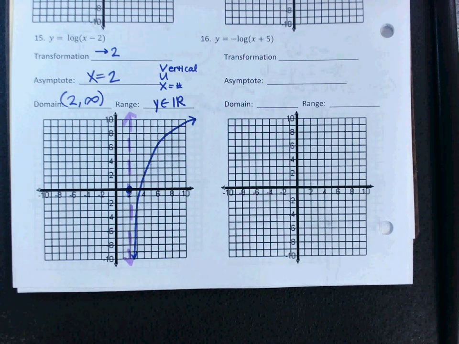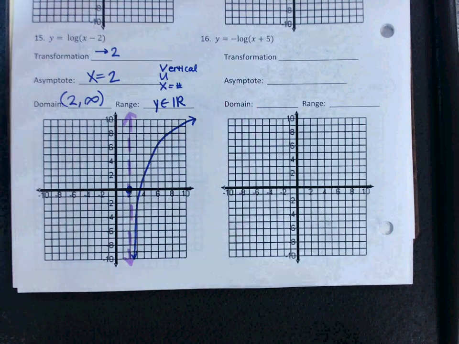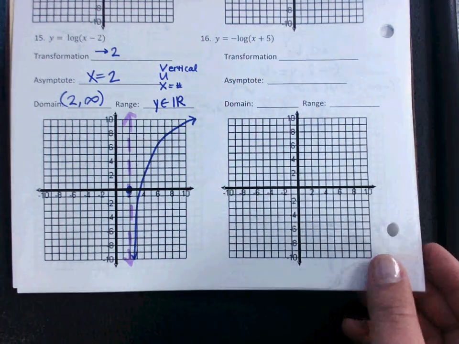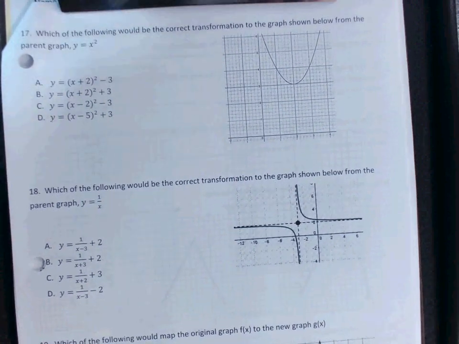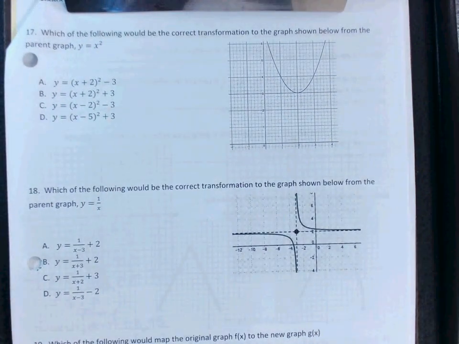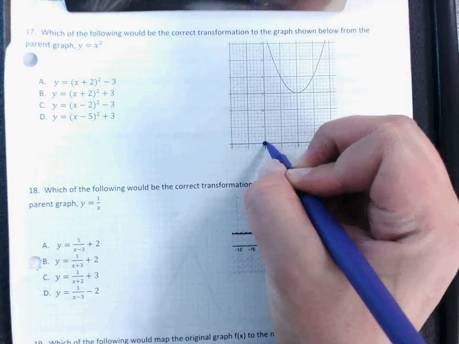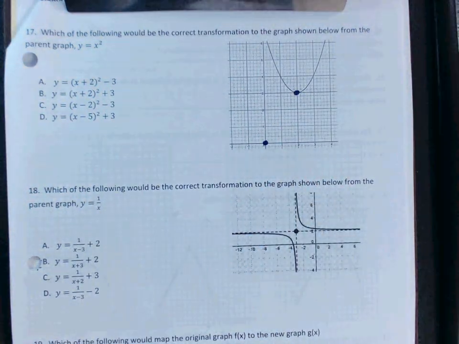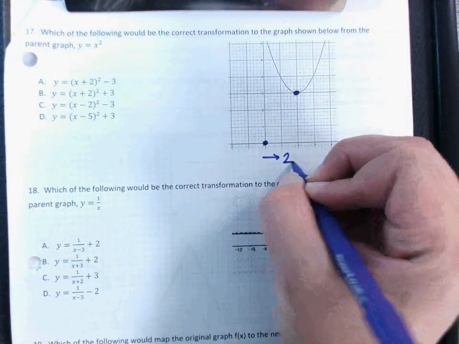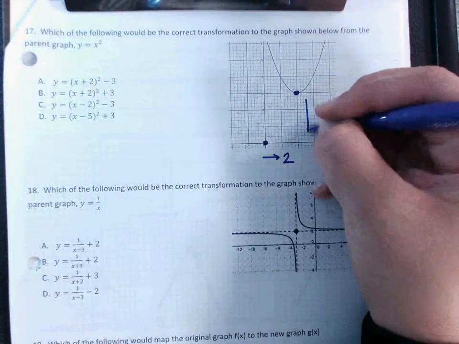Okay, turn to the last page. Number 17. How did they shift the graph? Just give me the directions. So here's 0, 0. This is where it normally is. This is where they moved it to. Okay, they went to the right 2, and then they went up how many?